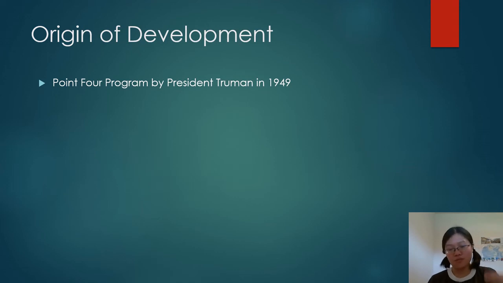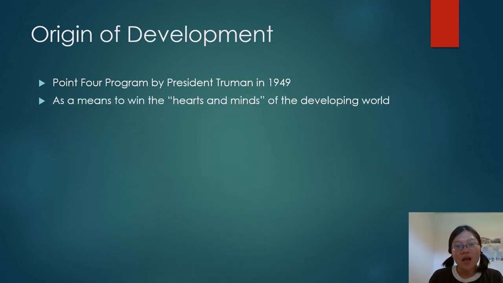Basically, Point 4 just refers to the 4th item that he was discussing in the foreign policy. The Point 4 program, in President Truman's words, is a means to win the hearts and minds of the developing world.